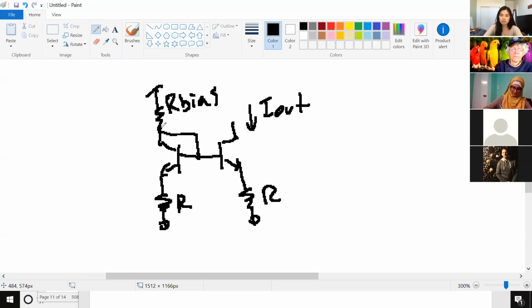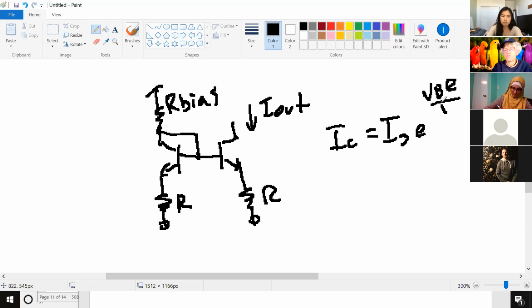Look at just a couple of things here. Let's do IC equals IS e to the VBE over VT. What voltage changes your current the most? VBE. So if your current runs away, it would be nice if something turned down your VBE voltage.